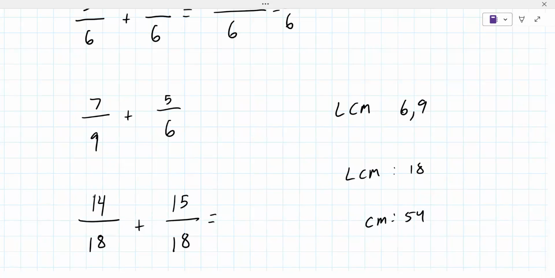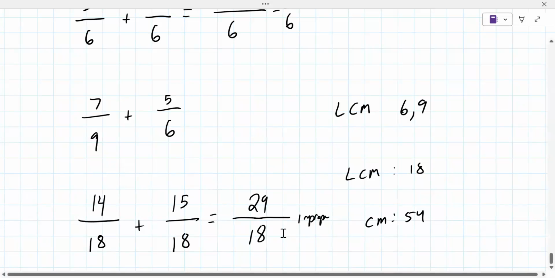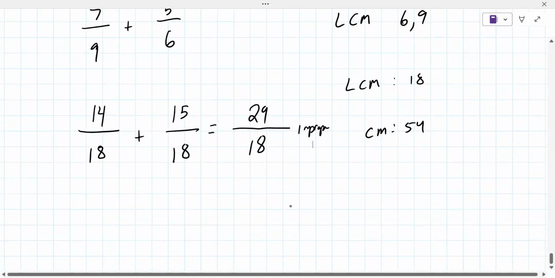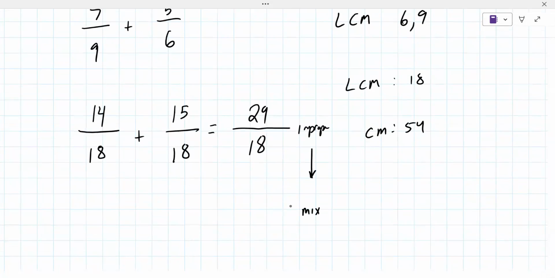Right. And so then this becomes 29/18, which is an improper fraction. Now depending on the class you're in, this may not be okay. So do you remember how to convert this to a mixed number? Yeah. Will you just do that for me, please?